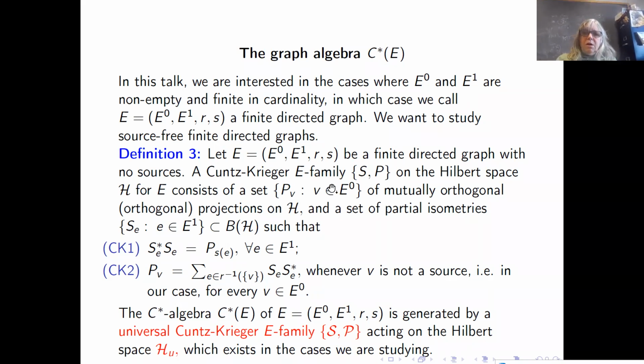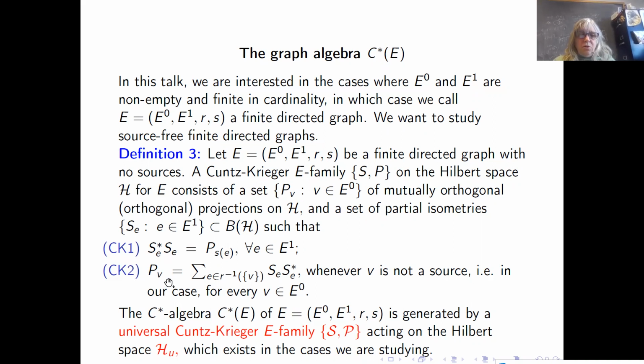If you have a Hilbert space H and a collection of projections P_V that are mutually orthogonal for every V in the vertex set, and a set of partial isometries S_E on H for every E in the edge set, and we want them to satisfy the following conditions. S_E star times S_E should be the projection corresponding to the source of E. That's CK1.